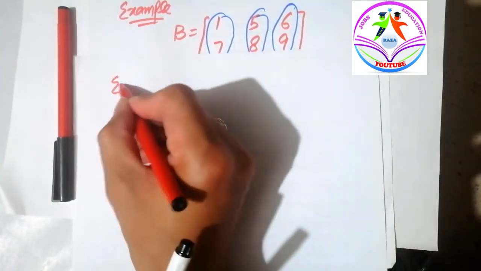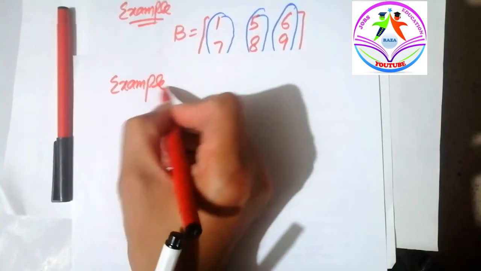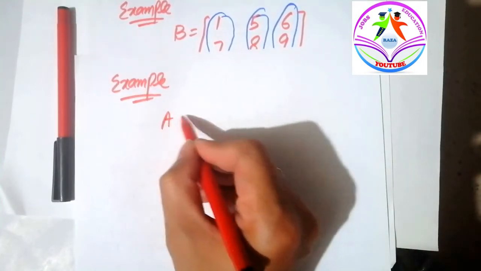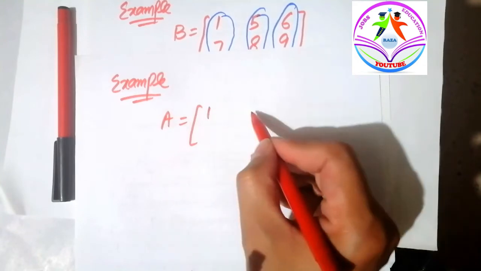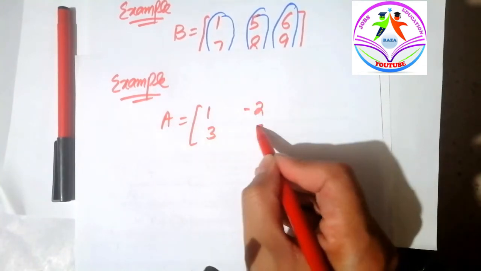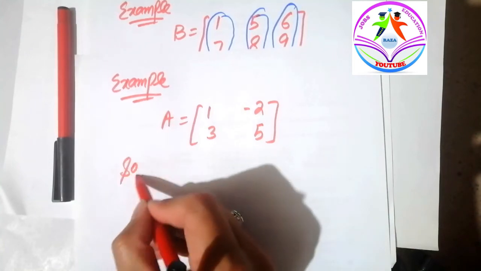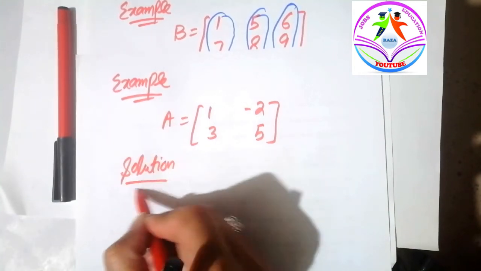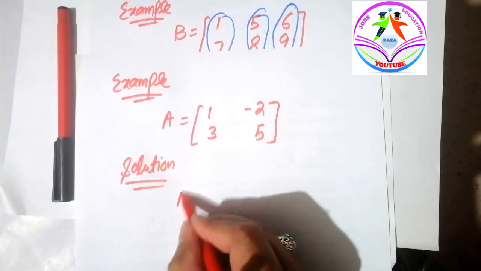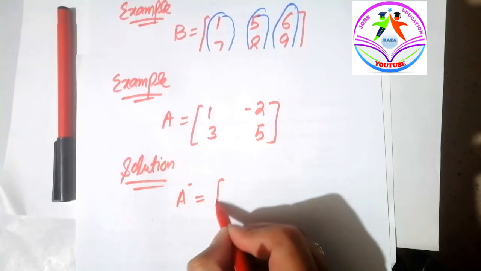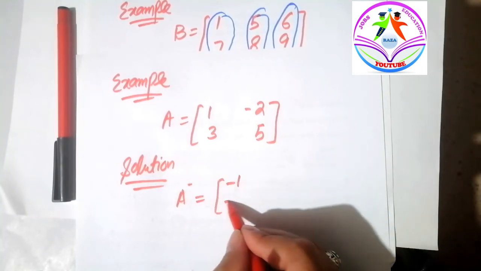For example, if I say A is equal to 1, -2, 3 and 5, the solution of negative matrix is, we can say that A negative is equal to -1, -3.